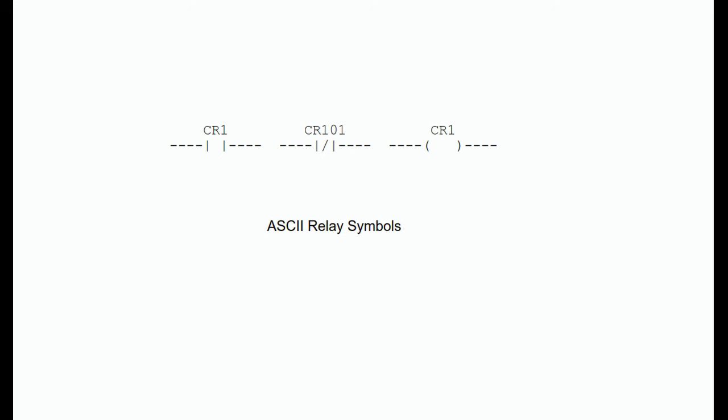The figure shows the same relay symbols as in the previous figure, however, they have not been drawn graphically. Instead they are drawn using standard ASCII printer characters: hyphens, vertical bars, forward slashes, and parentheses.